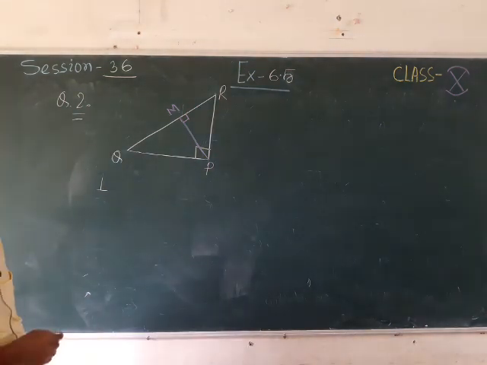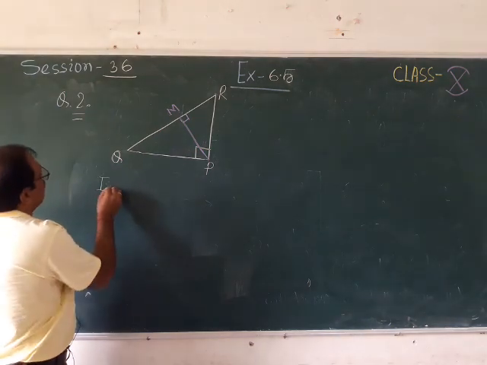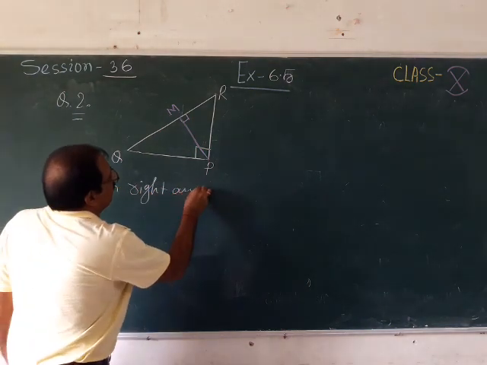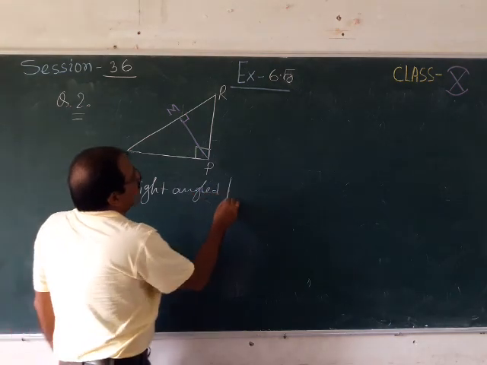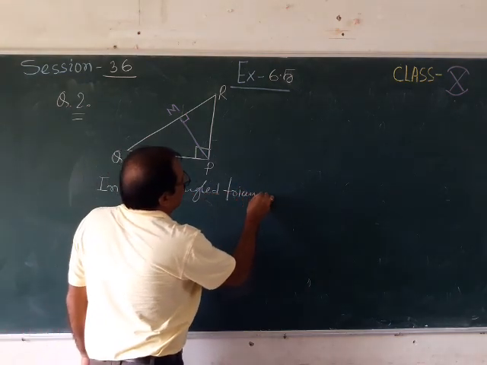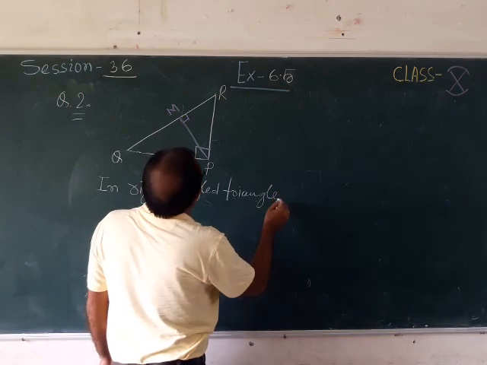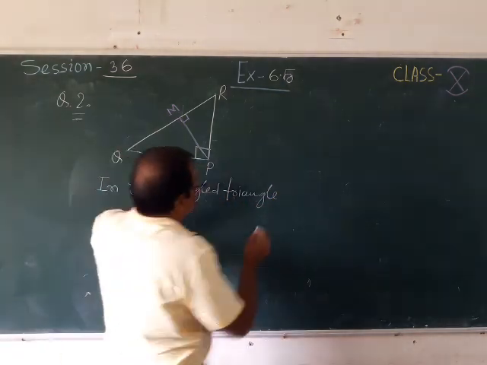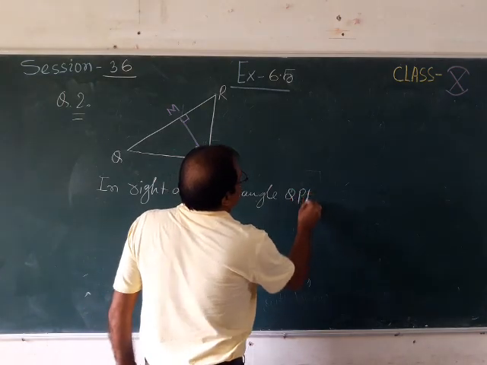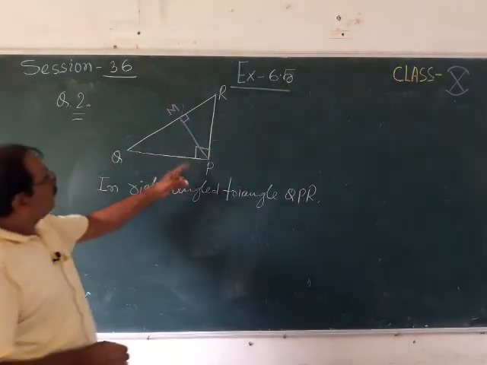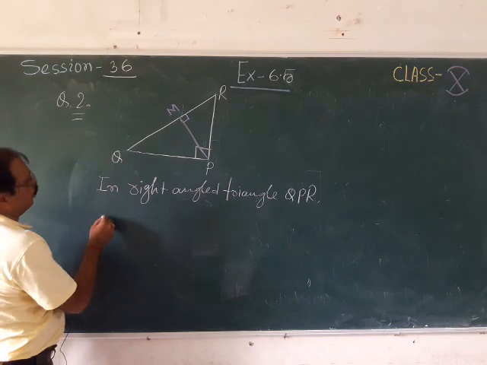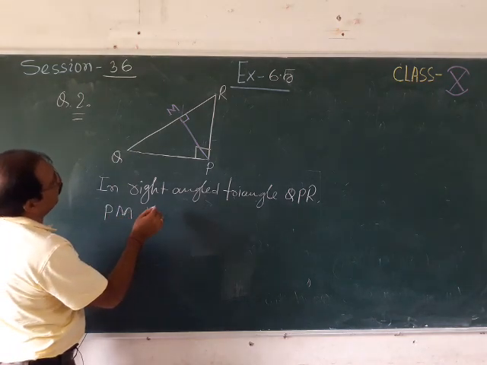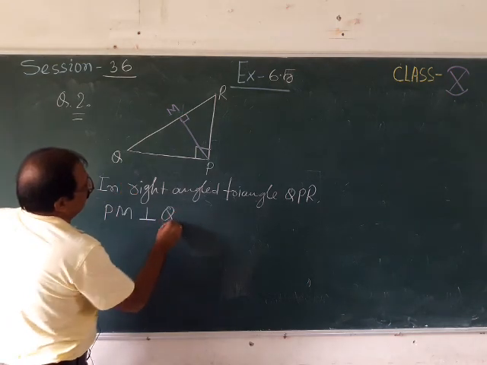In right angle triangle QPR, PM is perpendicular to QR.